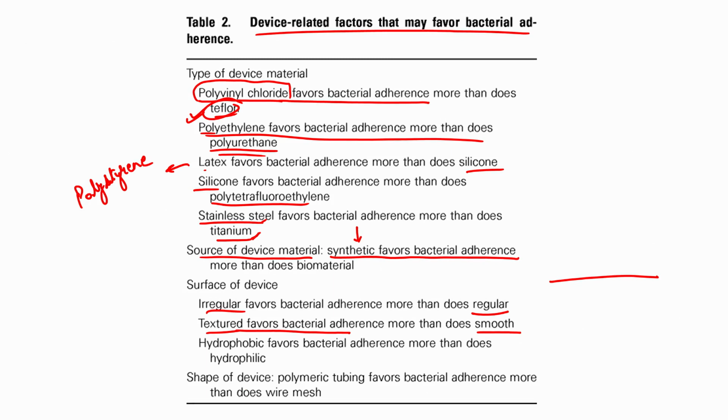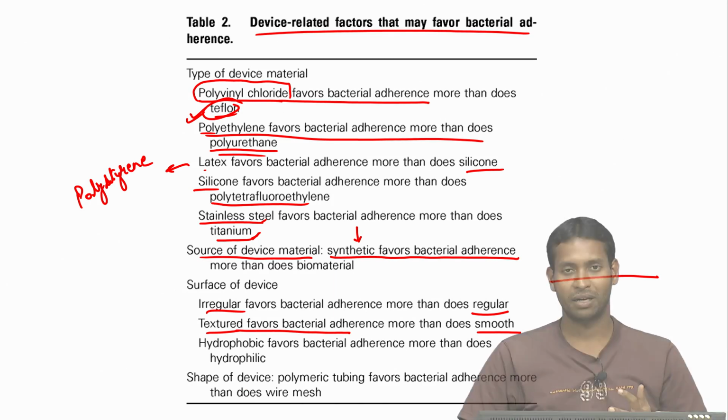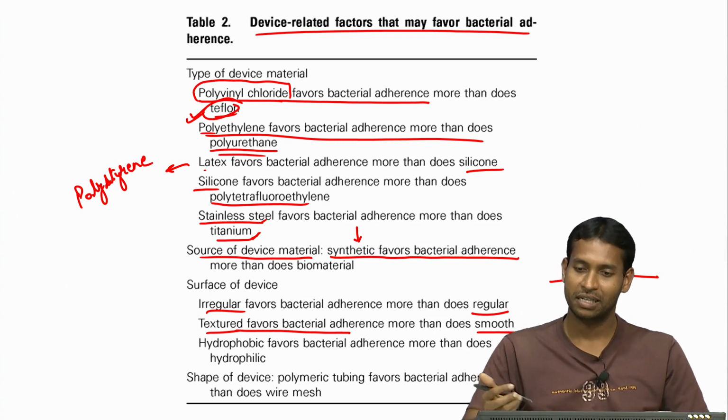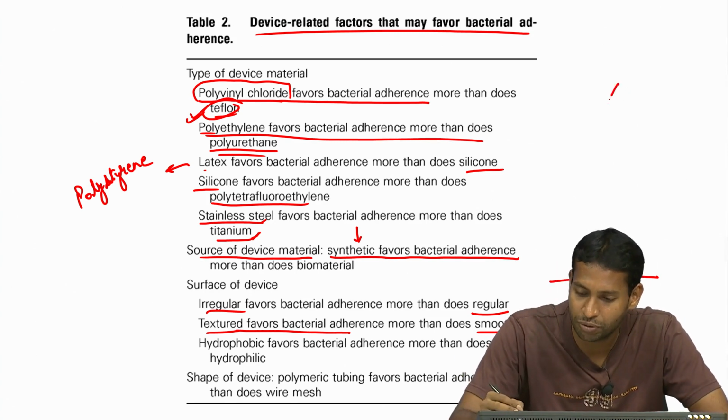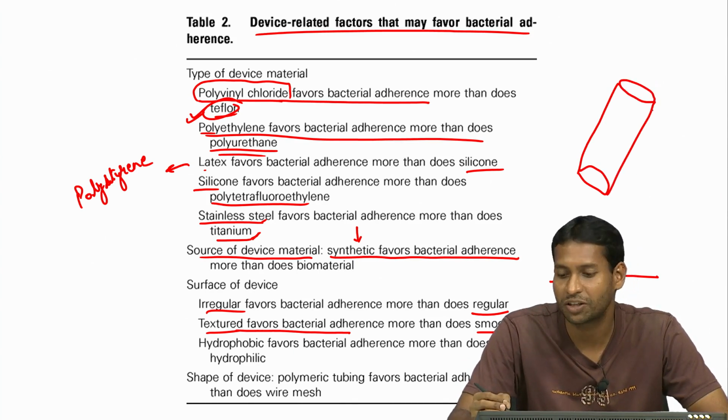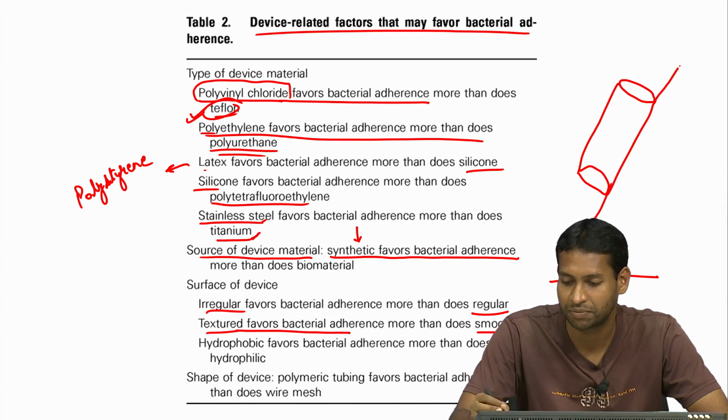And then again, the shape of the device can be important. So, the more surface area there is for the bacteria to adhere to, the more chances that the bacteria will colonize it. So, let us say if I am just putting a tube, and if the only major function of the tube is to just sort of support, let us say, this vessel.